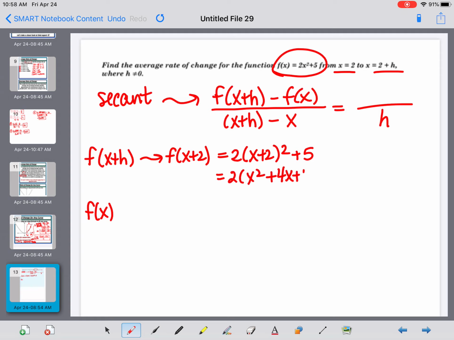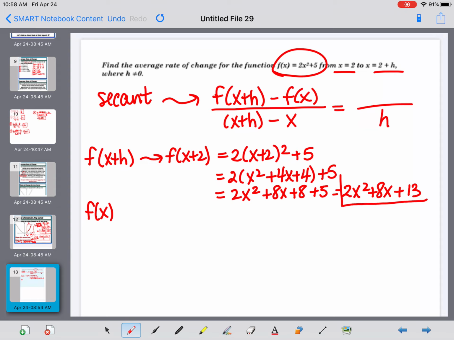Okay, so that means I'm going to have to FOIL. Okay, so that is f of x plus 2. F of x is always given to you, so you don't actually have to do anything for that. That's just your function.